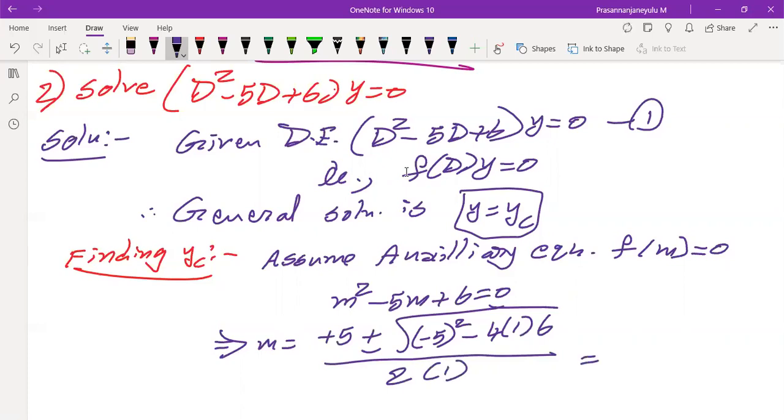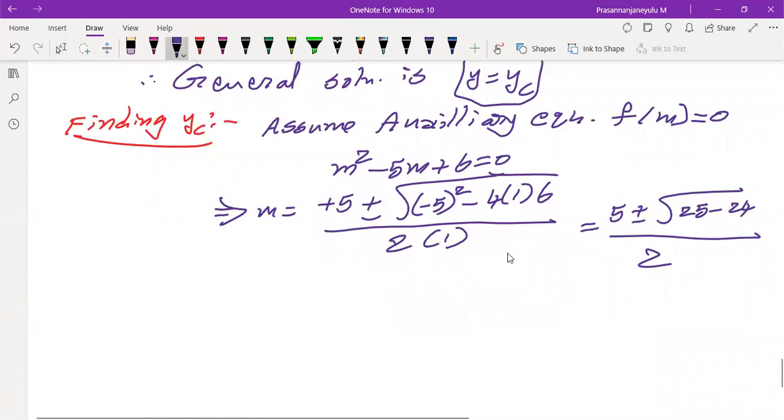So on simplification, what we'll get? 5 plus or minus root of 25 minus 24 by 2.